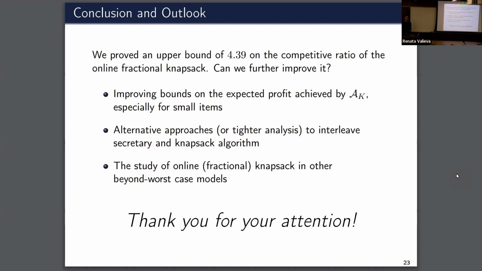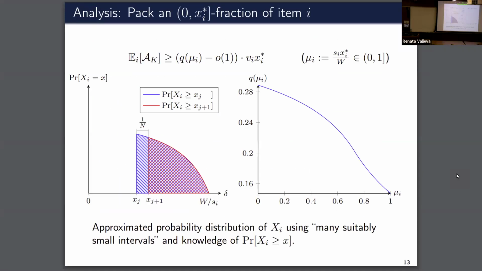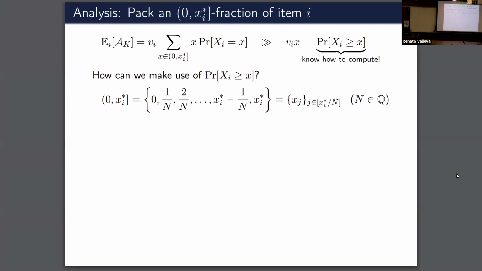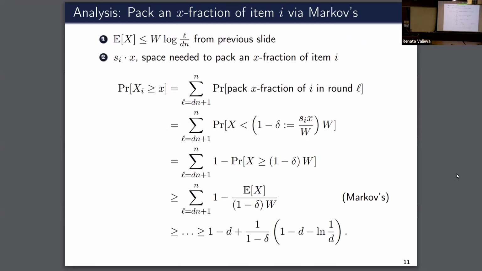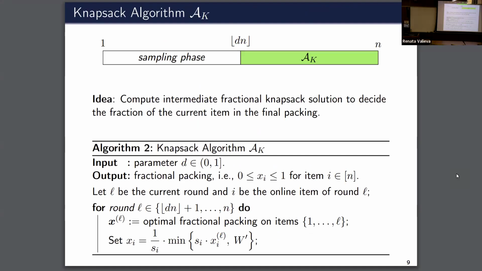Does something like this also have something for the integral setting as well, or is it just for the fractional? Essentially, what you see up to here works for the integral setting, with the only difference that instead of packing this x_i fractionally, you pack integrally with probability.